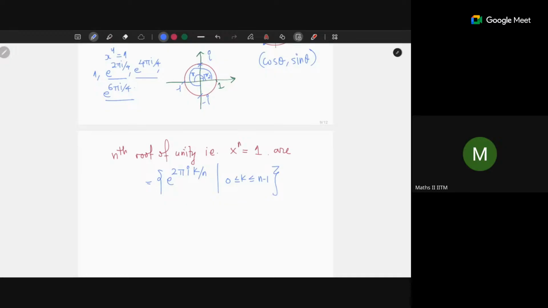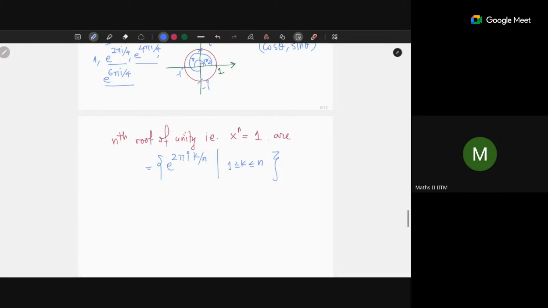Or you can say it varies from 1 to n, whatever suits you. So it will have all the solutions, all the roots.